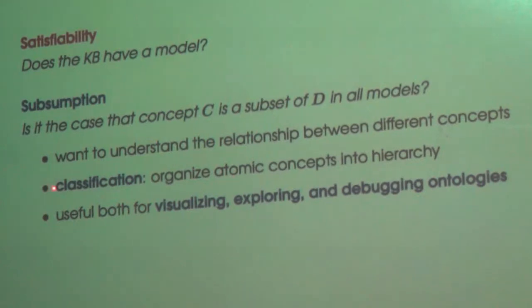And so if we, for instance, compute all the inclusions between the atomic concepts, and then we see that there's an inclusion that is missing, or there's an inclusion that is there that we don't think should be there, this gives us additional information about what might be wrong with our ontology. Okay? So this is another useful tool for checking for errors and just checking that the modeling that we've done is correct, or as far as we can tell.